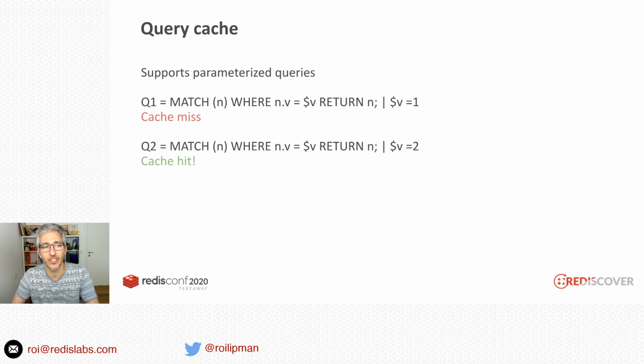In this case, the first query, $v equals 1. Now, if we issue a second query, which basically is the same query, but we've updated the value of the parameter, we would still get a cache hit from the query cache. So this is just another reason why you should use parameters for your queries.